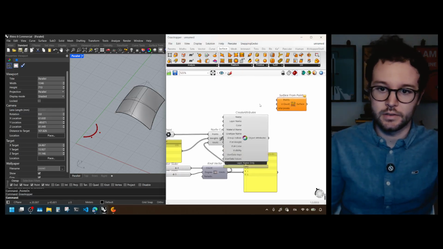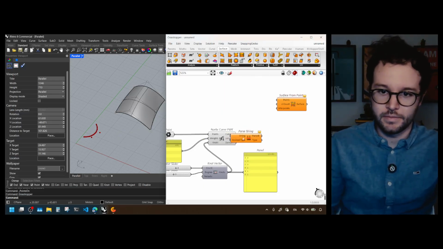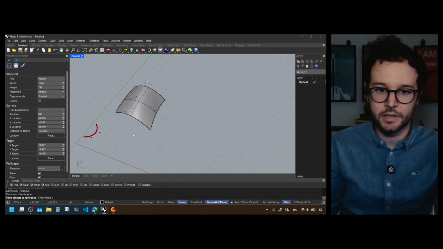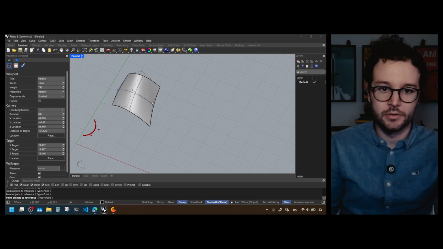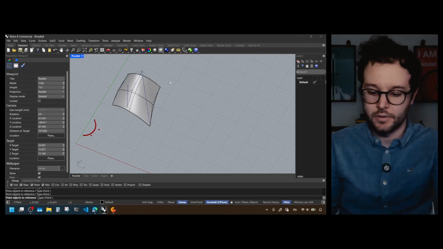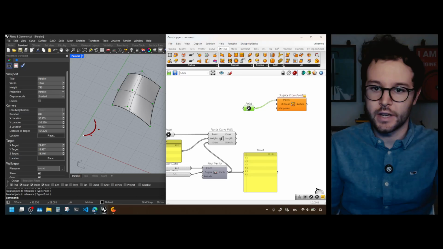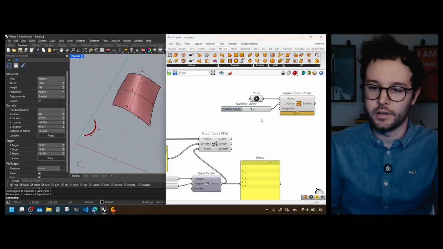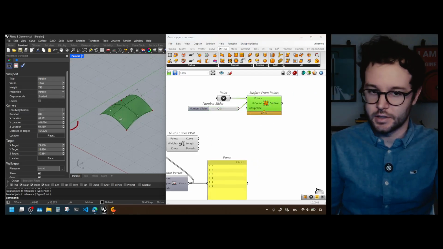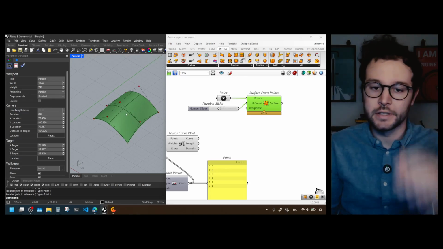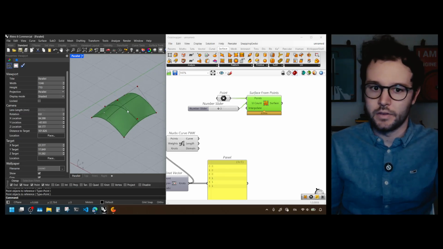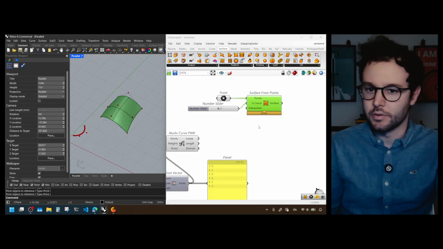Let's take the attributes, so not parse string, the points. Select multiple points, and let's select them in order so we are sure that they are right. Then U count is the number of rows, in this case 3, and it will assume the columns are the same, as it will count the points you provide. And indeed you can get exactly the same result if you do it with Grasshopper as well.